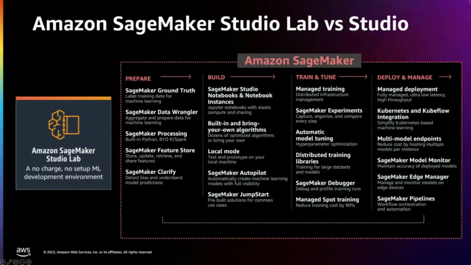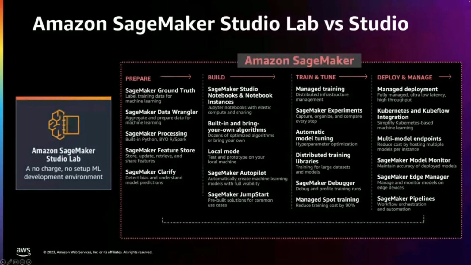Also, there are no limits on session time in Amazon SageMaker. And both of them, SageMaker Studio Lab and SageMaker Studio, are powered by JupyterLab. Therefore, SageMaker Studio and services are a natural next step when you need to scale.